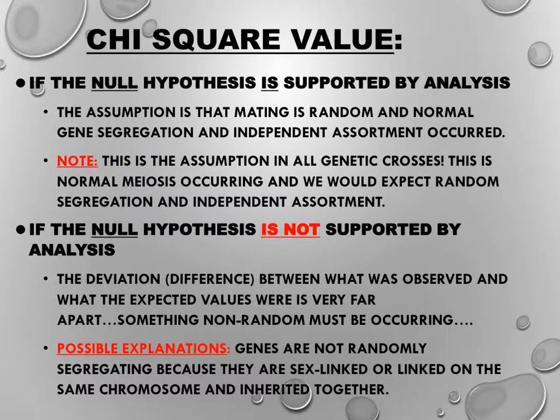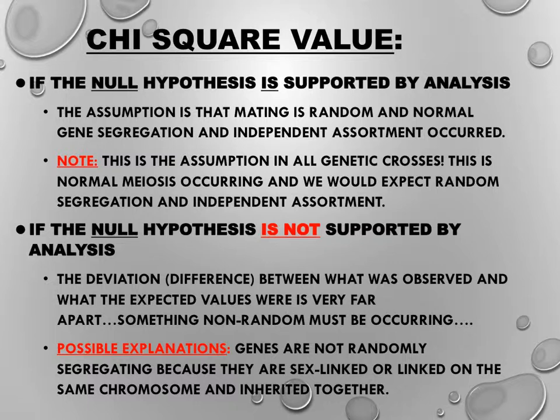So if your null hypothesis is supported by chi-square analysis, this is pretty much what you're expecting, okay? You're saying that everything I see is because mating is random and because chromosomes behave in a random way. They segregate, they move apart from each other randomly, and they go into different daughter cells randomly. It's independent, no control by the parents, okay?